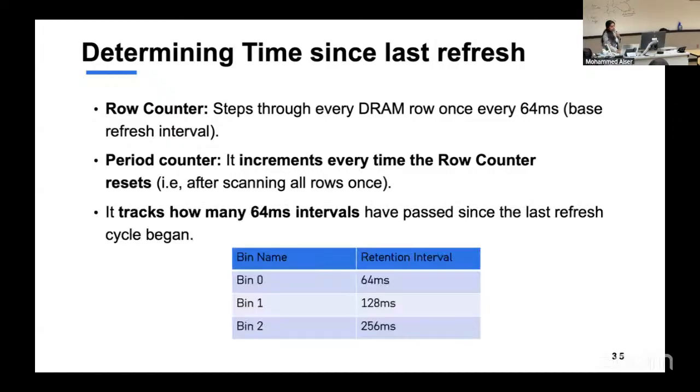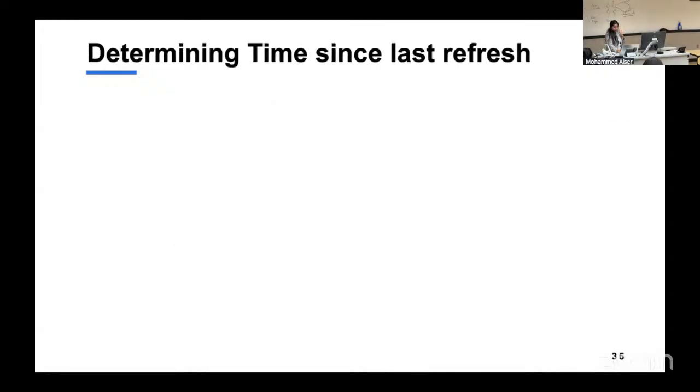Let's take an example to understand better how the time since the last refresh is determined. Say bin 0, bin 1 and bin 2 have retention intervals of 0 to 64, 128 and 256.